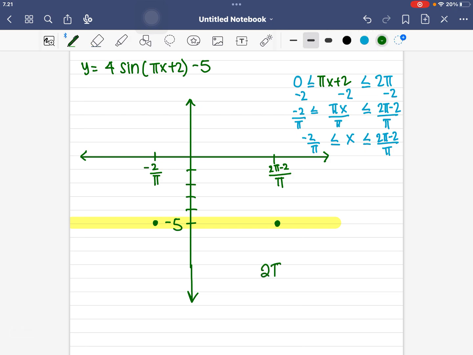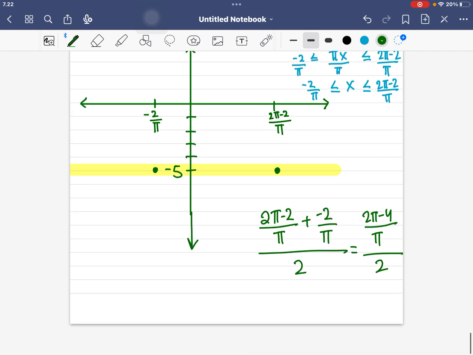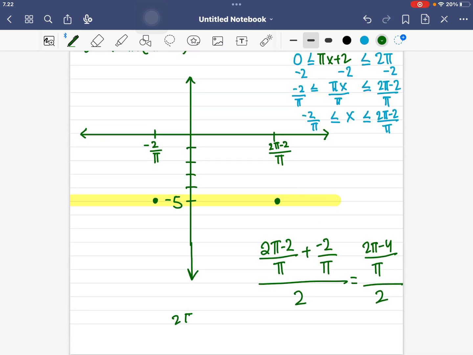So I got 2 pi minus 2 over pi plus negative 2 over pi. And I'm going to divide that by 2. Okay, so 2 pi minus 2 plus negative 2, that's 2 pi minus 4 over pi and divided by 2, right? That's the same thing as multiplying by half.